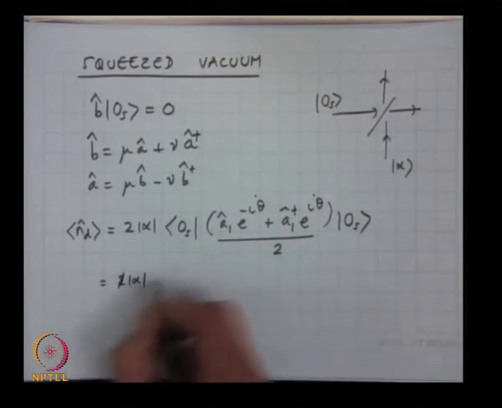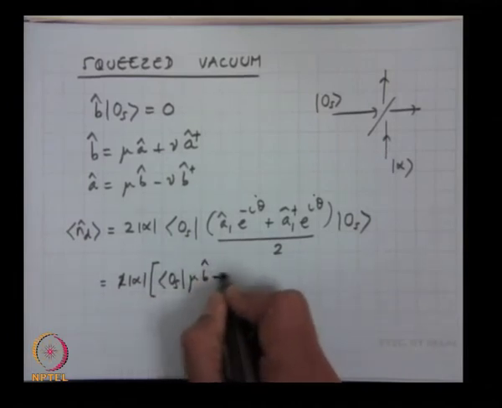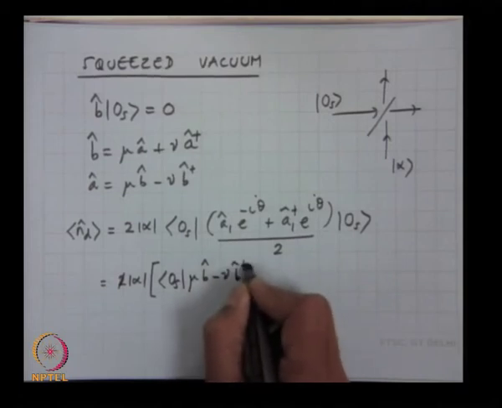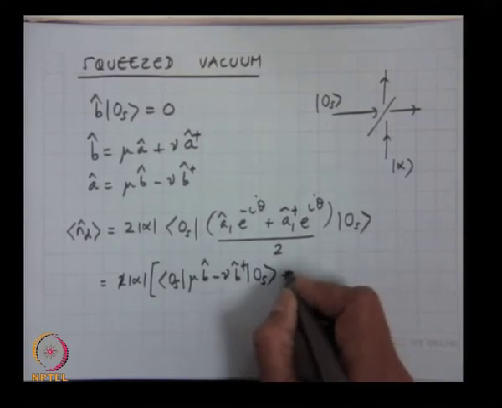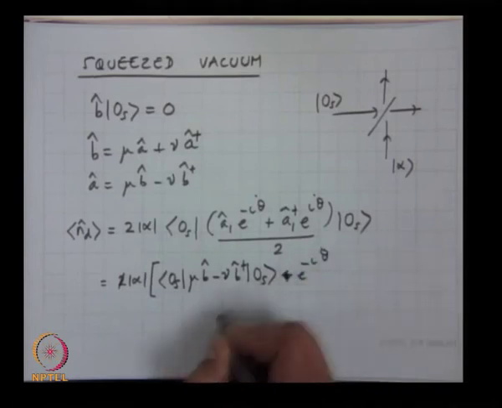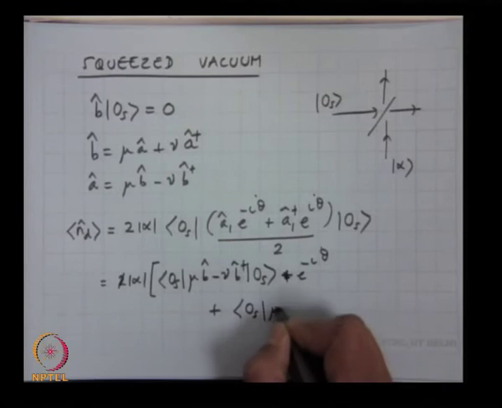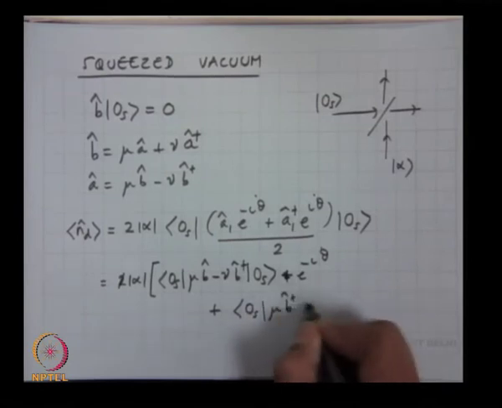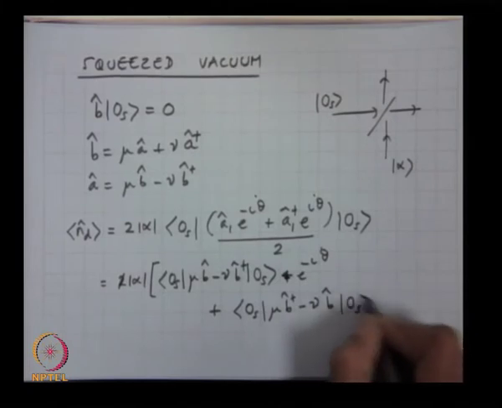Let me cut this 2 off. I will have, with a1 being mu b minus nu b dagger, times e to the power minus i theta, plus mu b dagger minus nu b, times e to the power i theta.